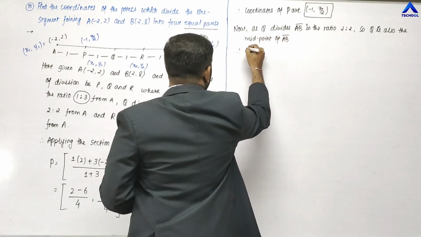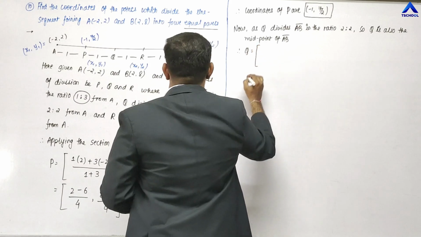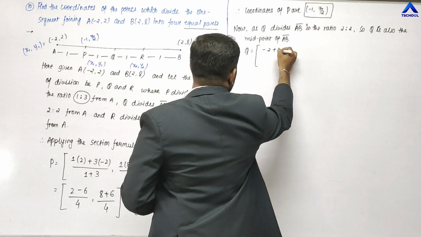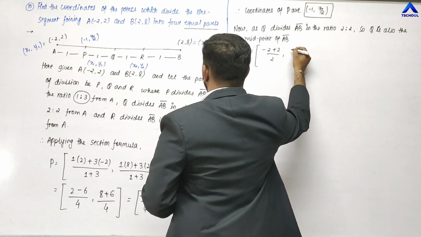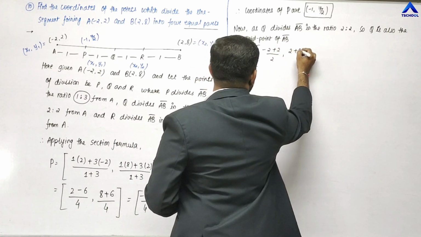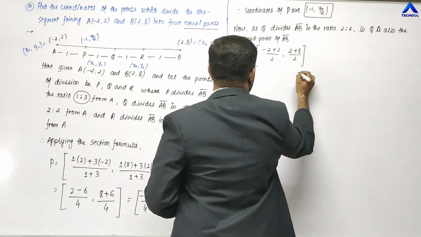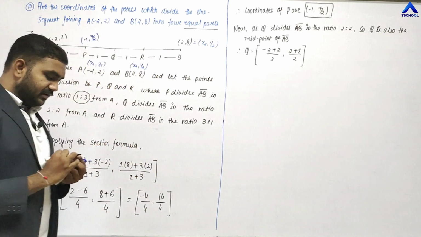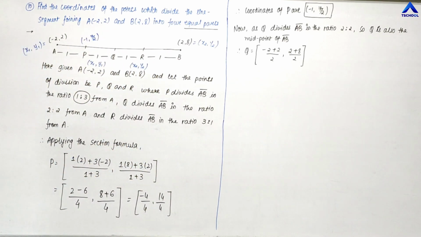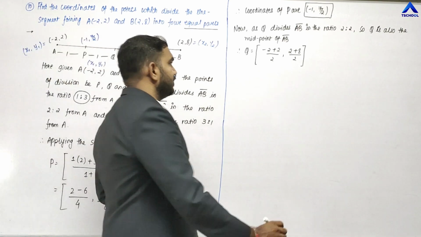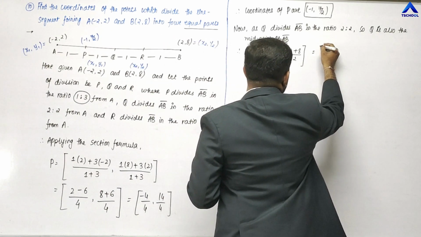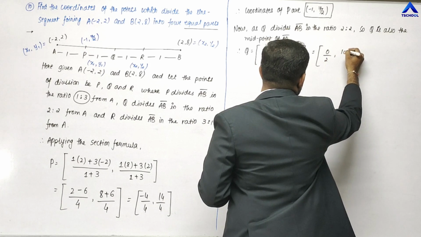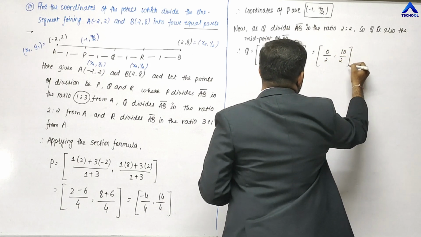Therefore, Q equals (x1 + x2) by 2, that is (-2 + 2) by 2, comma (2 + 8) by 2. Right, we can directly apply the midpoint theorem, the special case of the section formula. So -2 plus 2, that is 0 by 2, comma 10 by 2.